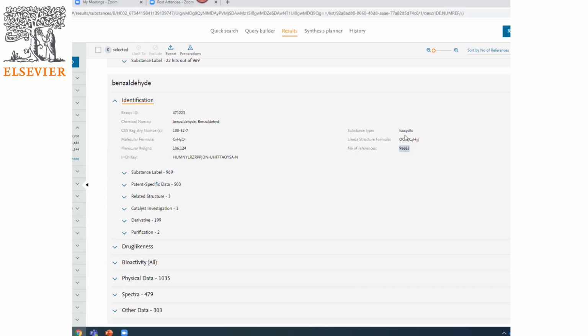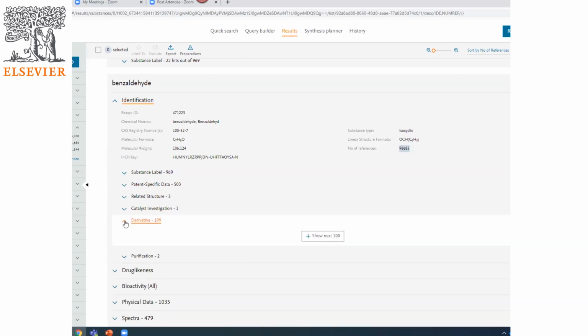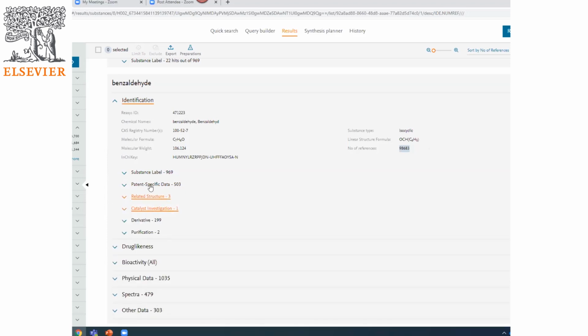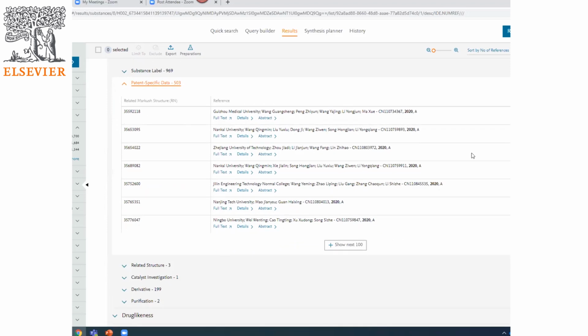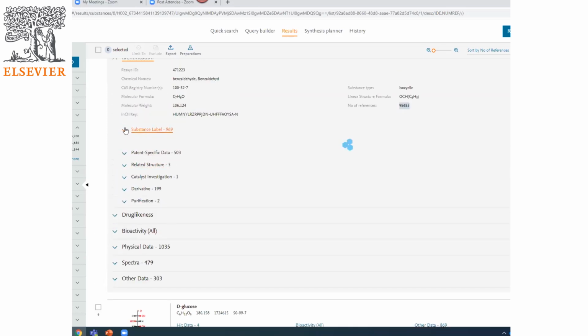So it's the Reaxys ID, its number of references, its information about the substance, its CAS number, molecular formula, but also from here you can access information about purification, its derivatives, catalyst investigation, related structures and patent specific data. So there are a lot of different Markush structures which cover this molecule, and also substance labels.